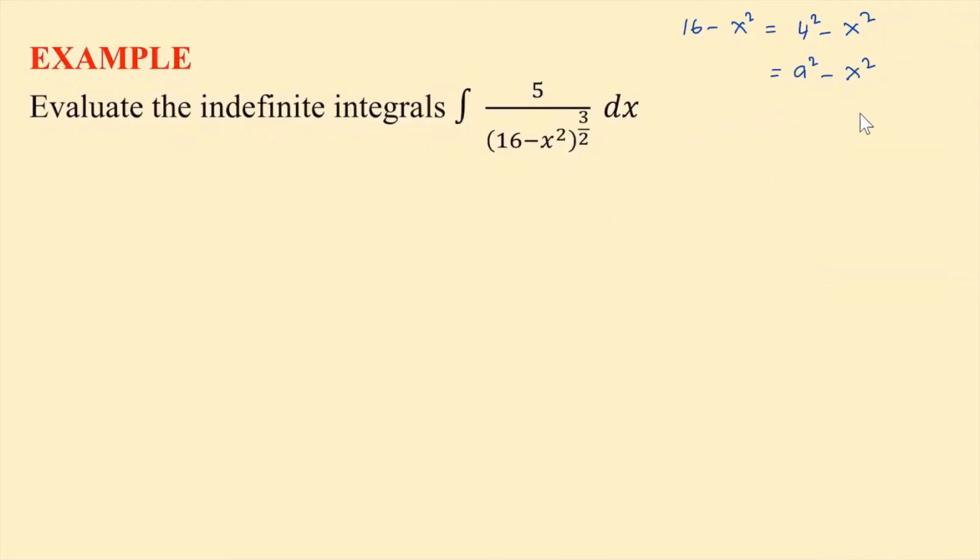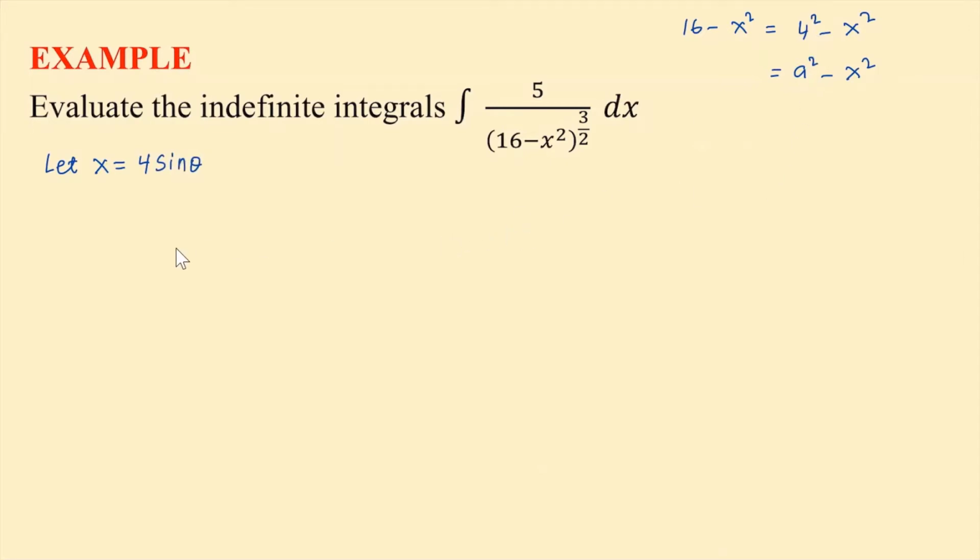And we know that if the integral is in the form a squared minus x squared, we'll use the trig substitution with x equal to a sine theta. So in place of a, I have 4, so it will be x equal to 4 sine theta.